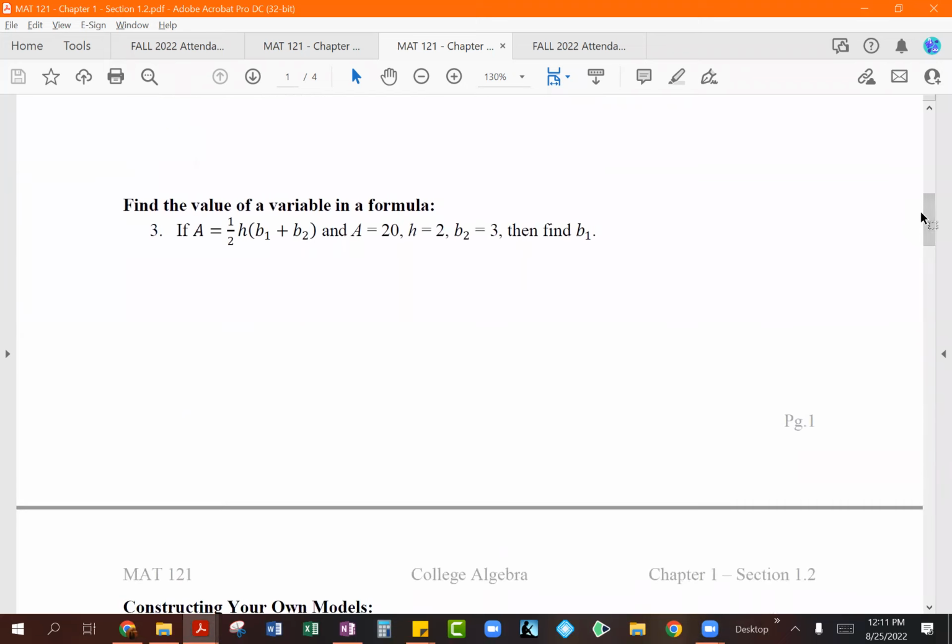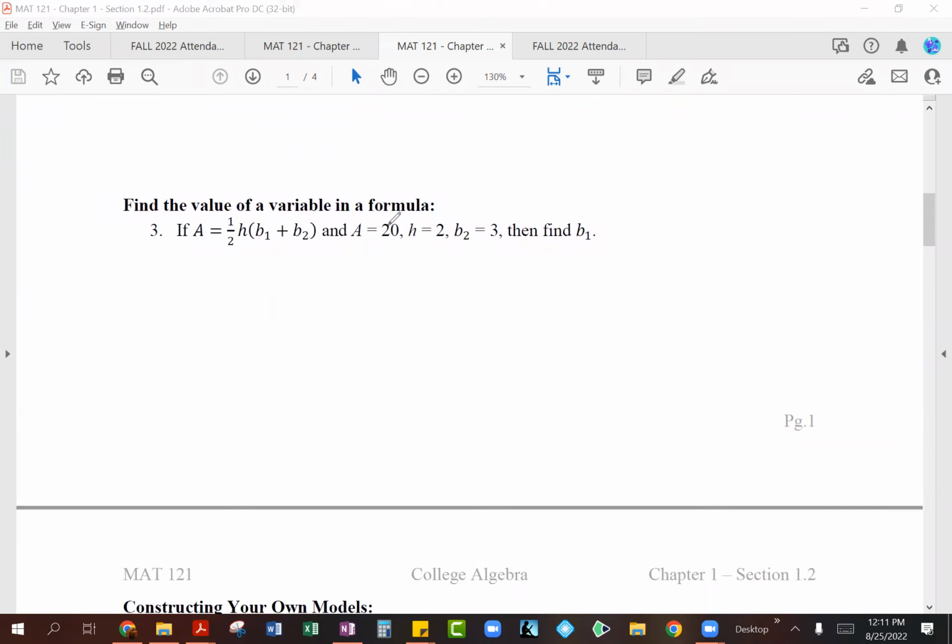This one is pretty straightforward. I actually want to get into the word problem. As you can see, they're giving you the value for A, the value for H over here, and also the value for B2. So they're giving you 3 out of the 4 unknowns, and they are asking you to find B1.